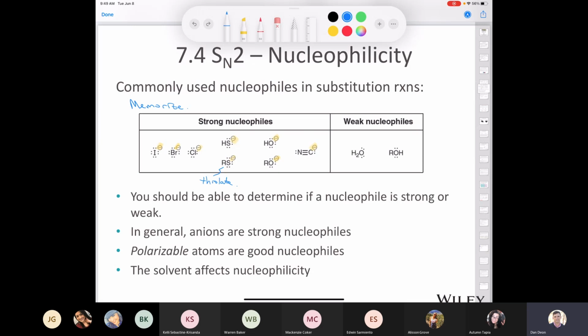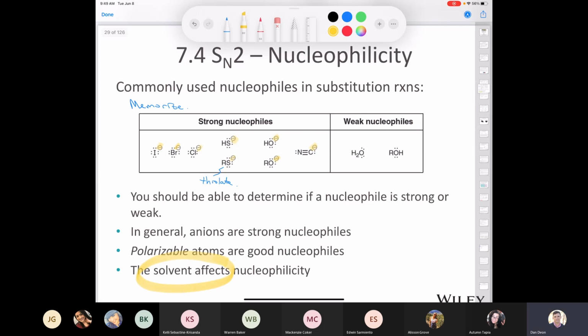So again, you should be able to determine if a nucleophile is strong or weak. Anions are going to be strong nucleophiles. Polarizable atoms, so a polarizable atom would be comparing, say, sulfur to oxygen. Sulfur is more polarizable. But hold the phone. This is where organic chemistry really gets a little juicier, so to speak: not only do we have to consider our reagent, our substrate, and our nucleophile in an SN2, but we've also got to consider solvent.